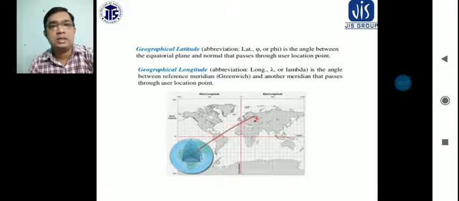And another thing, the geographical longitude, with the abbreviation lambda, is the angle between the reference meridian, that is the Greenwich meridian, and another meridian, the meridian that passes through the user location point. Geographical longitudes are also here.